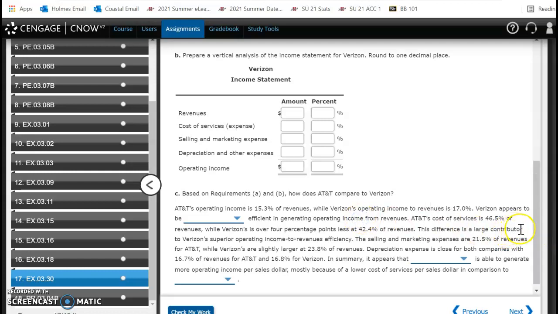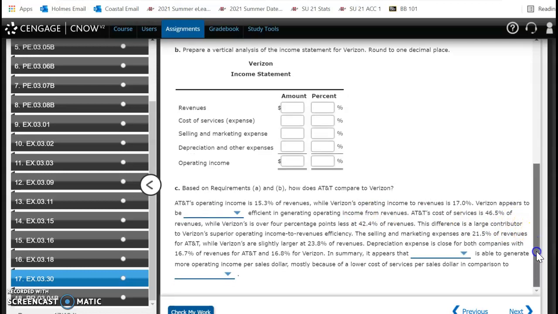Okay, and then you want to compare these two. Okay, and it says AT&T's operating income is 15% of revenues, while Verizon's is 17%. So which one is operating more efficiently?